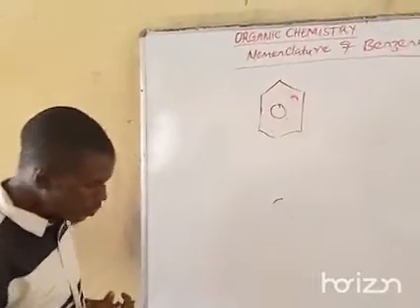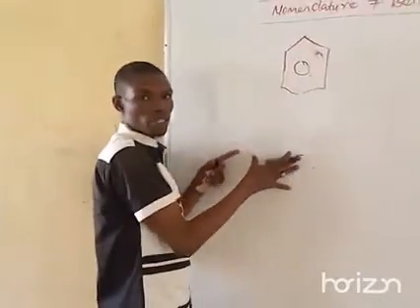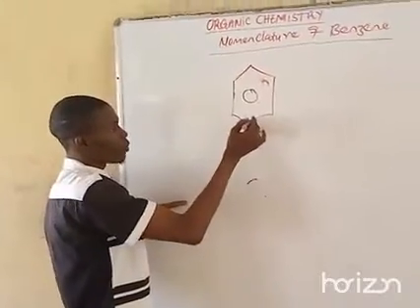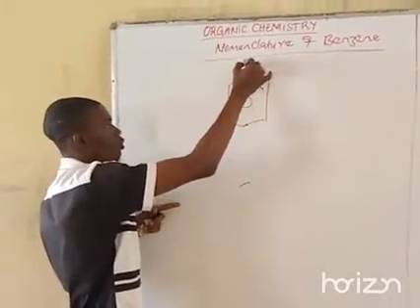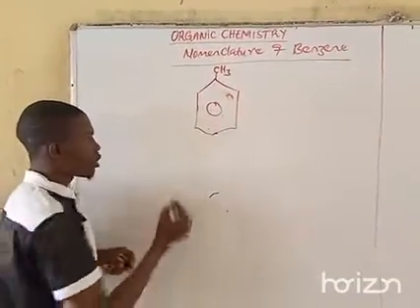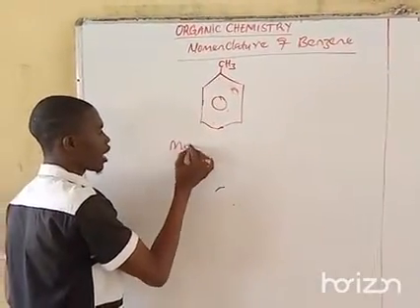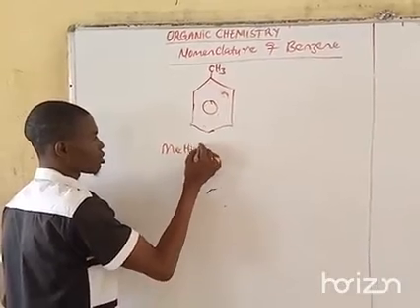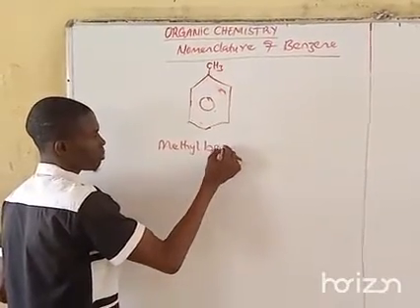So this compound is a benzene on its own. But when it is attached to a methyl group, CH3, this is called methyl benzene.